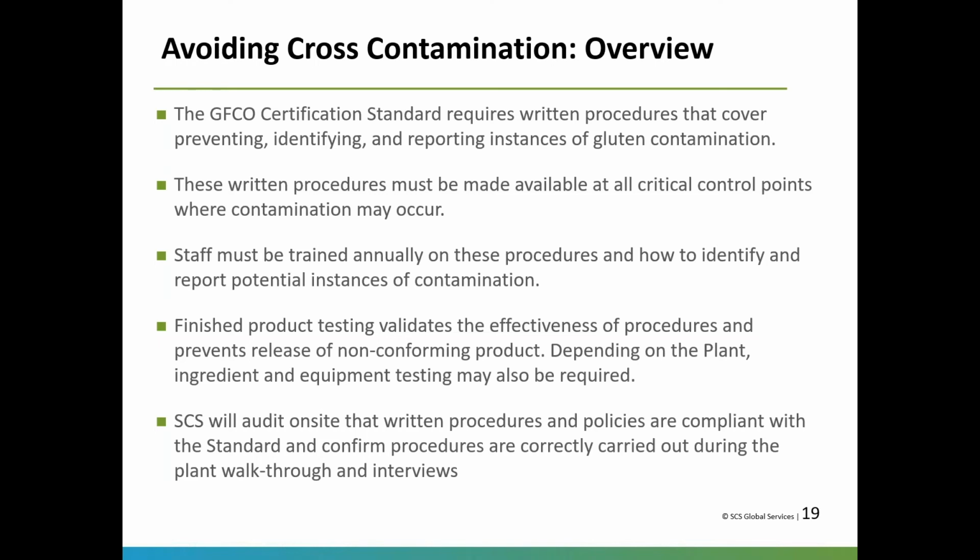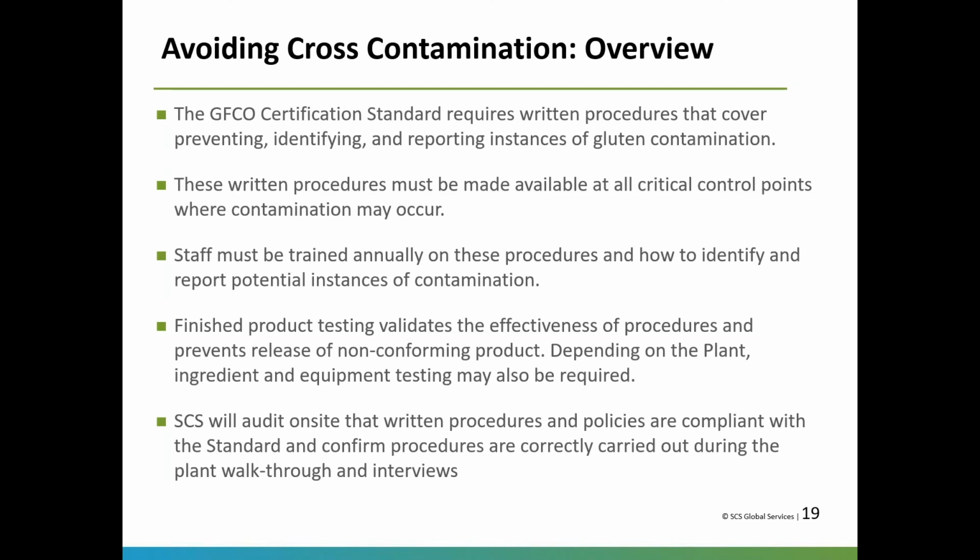These written procedures are going to have to be made available at all critical control points where contamination may occur in the plant, and staff is going to have to be trained annually on the procedures, how to identify and report potential instances of contamination.